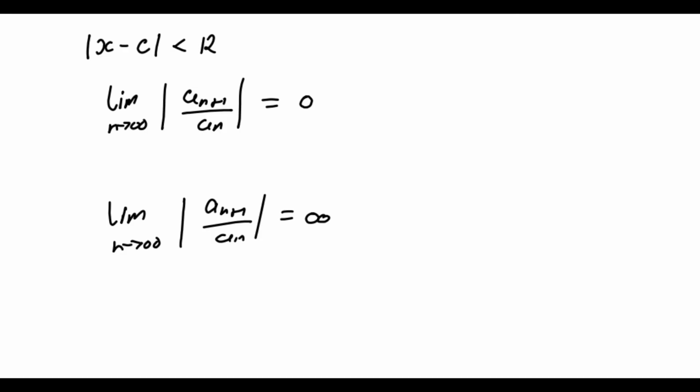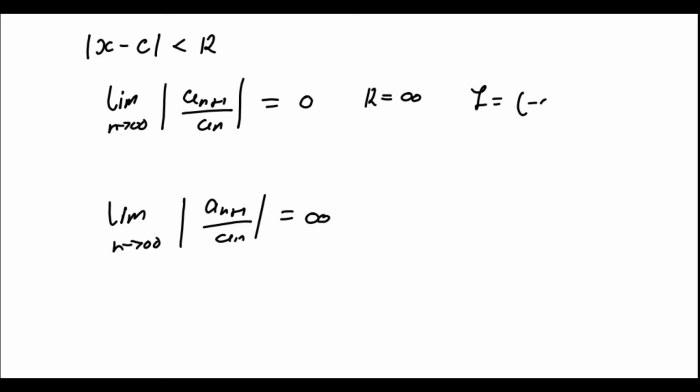Okay, sorry about that. So if you evaluate using the ratio test and end up with a 0, for simplicity purposes, your radius of convergence is just going to be infinity, meaning your interval of convergence, which I can write as I, will be from minus infinity to positive infinity, meaning it's all real numbers.